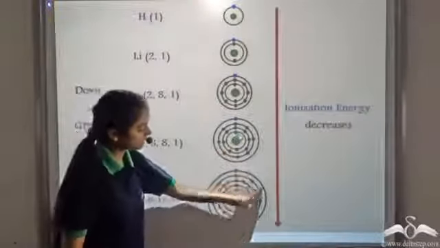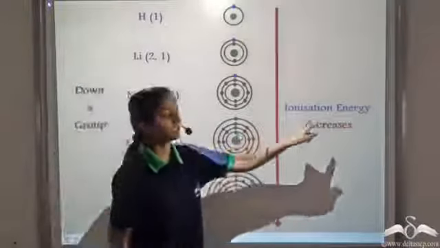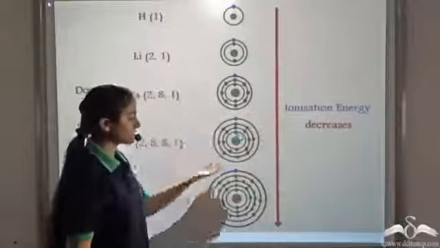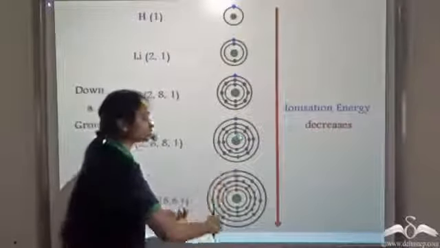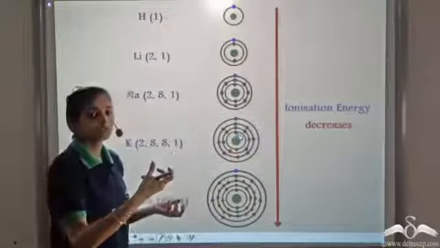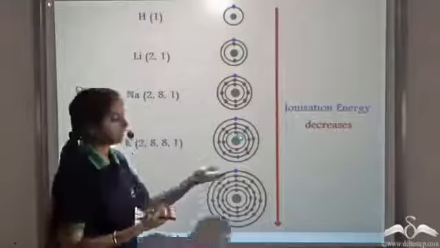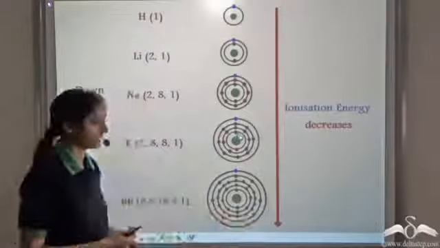Since this needs lesser energy to be removed, as it is away from the nucleus, the ionization energy decreases. As the size on moving from top to bottom in a group increases, the outermost shell electrons are away from the nucleus. So to remove the outermost electrons, we need lesser energy. And so on moving from top to bottom in a group, the ionization energy decreases.